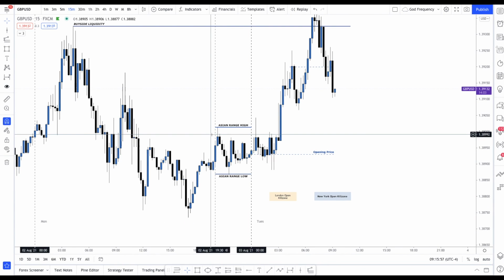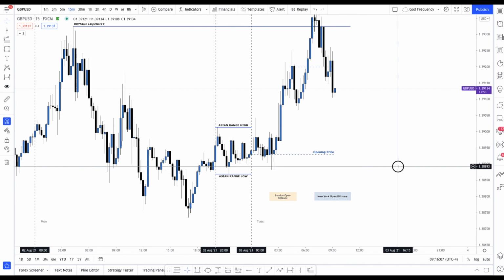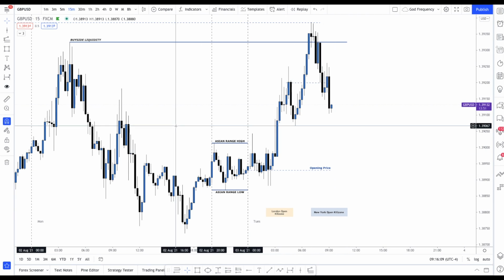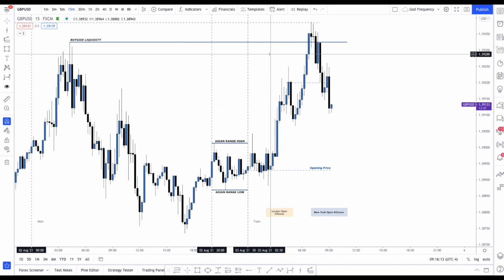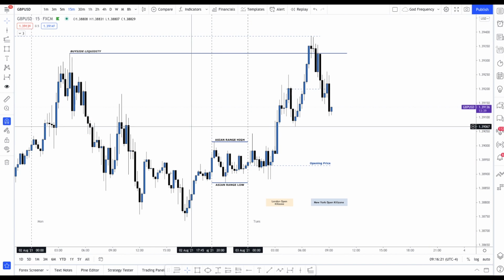If anyone knows my setup, I typically like to catch the Judas swing above or below the Asian range, and in this instance, I had a feeling that we were going up, just based off of technical analysis of the dollar or whatnot. I did feel like we were trending.